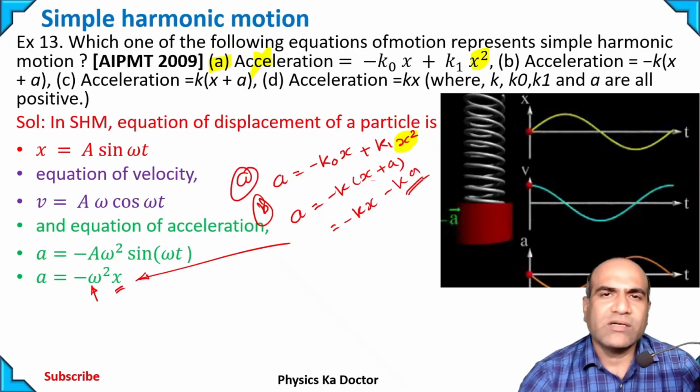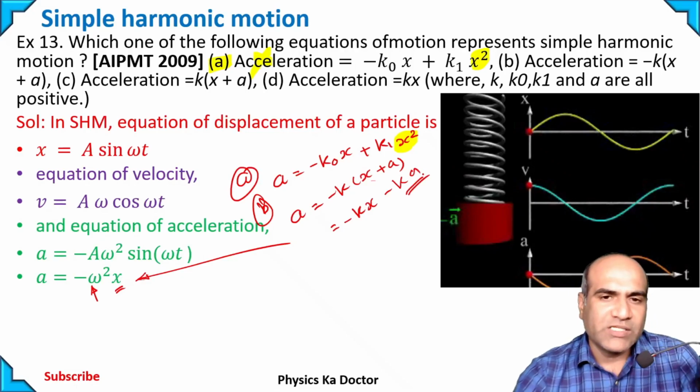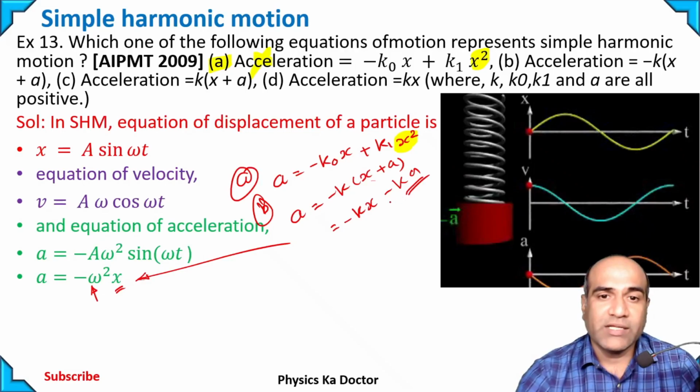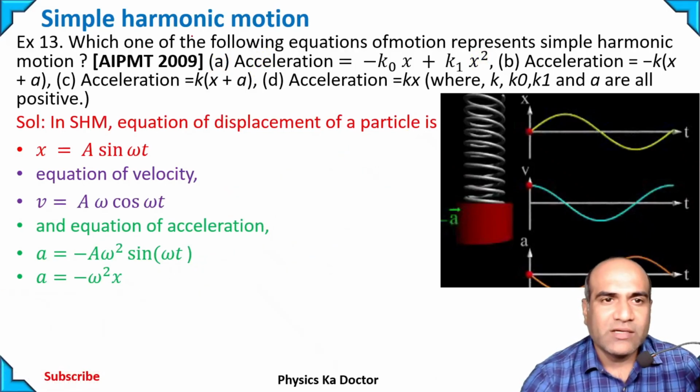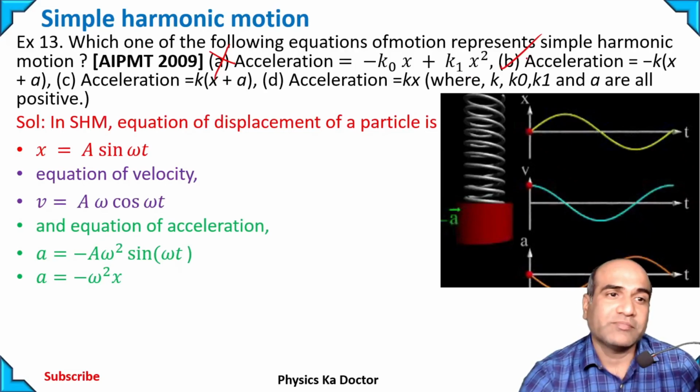It's a constant, a fixed value, so it is not bothering. We need not bother about it. So it is very similar to minus omega square x. That means the first one is incorrect, but the second, yes, it is possible.